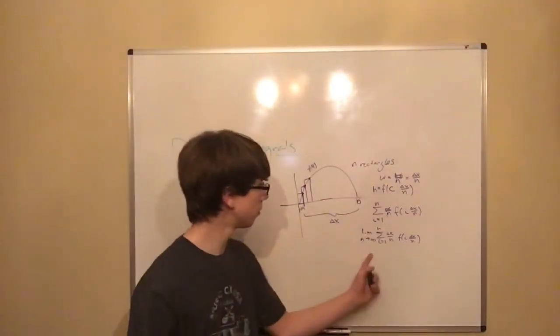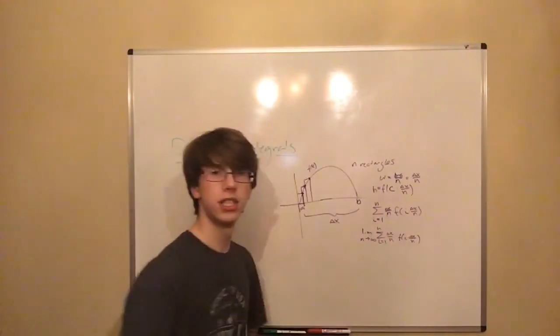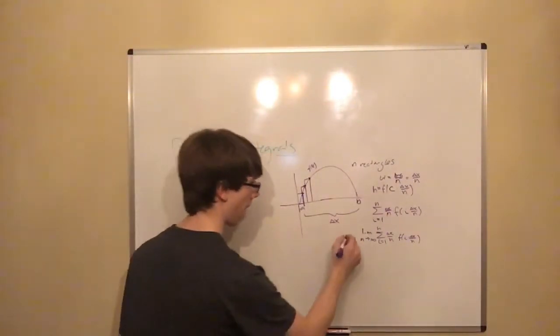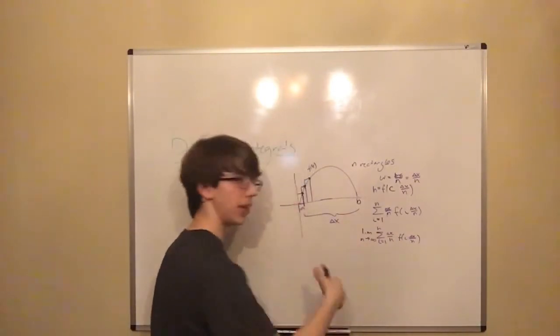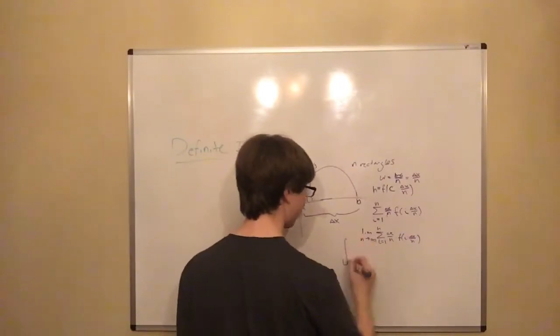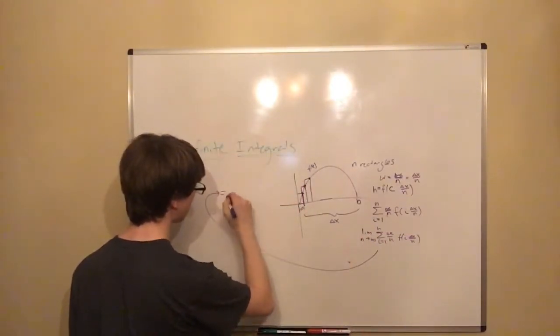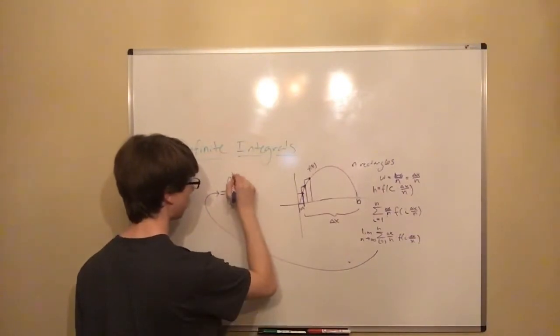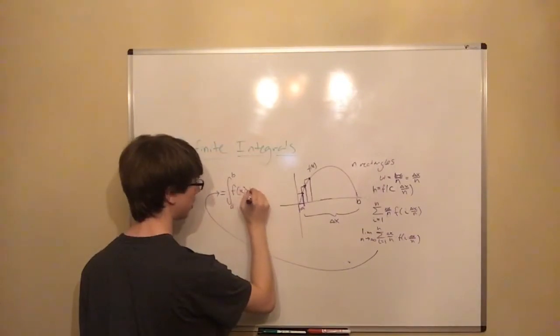So now that we know this is just the definition of an integral, of the definite integral of this. So this is actually equal to the integral from a to b of f of x dx.